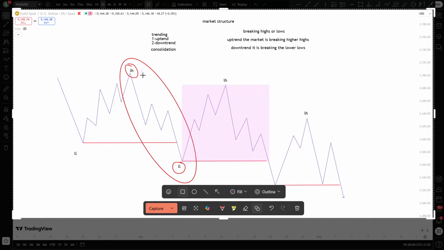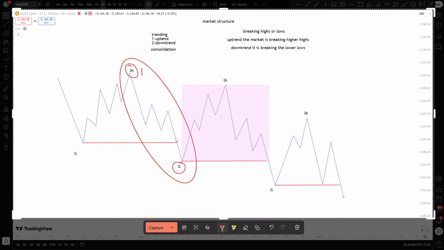Let me mark lower high one here and lower low two. This lower high and this lower low is the external range of this internal structure. So this structure is considered to be the internal structure of this external structure.